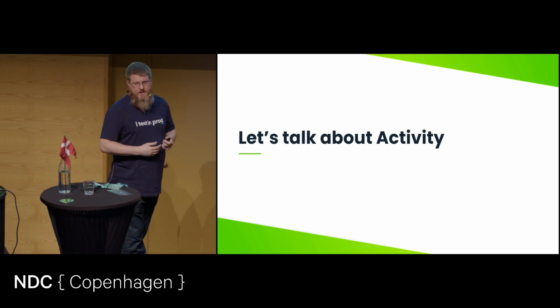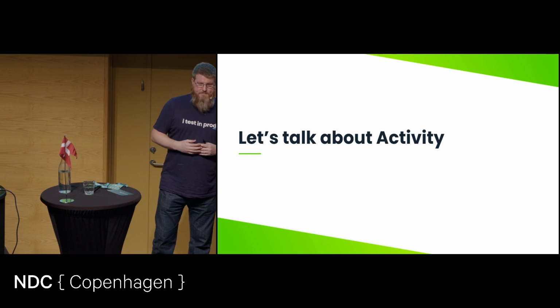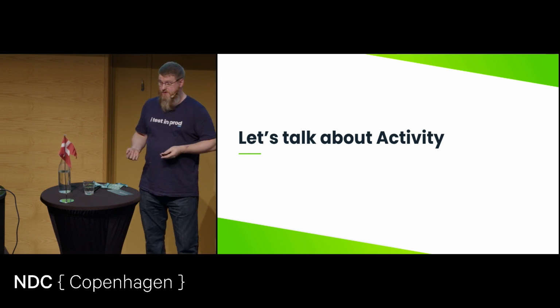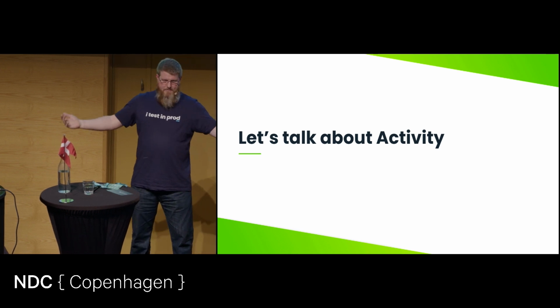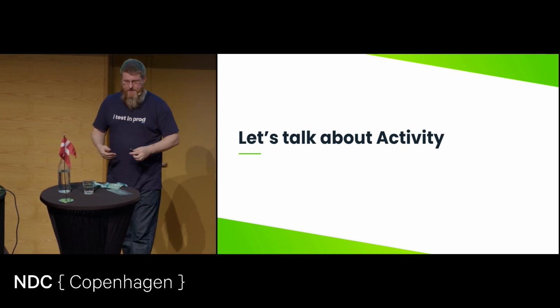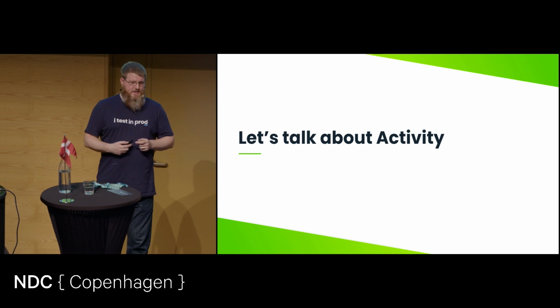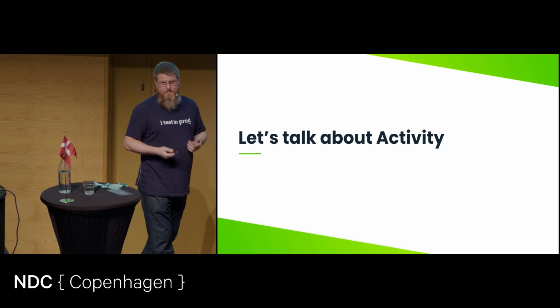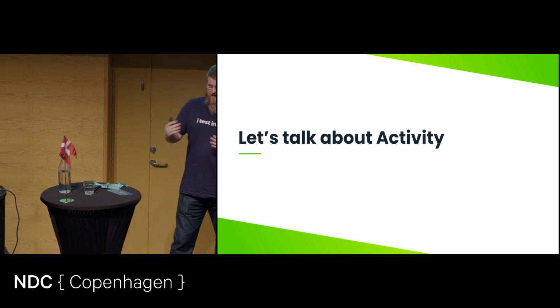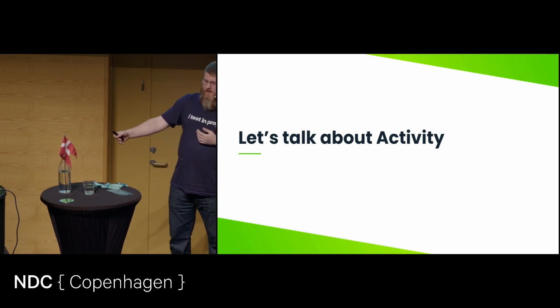My recommendation is, if you are writing libraries, if you are writing open source libraries, if you are writing shared libraries to be used inside your organization using the inner source method, I would advise that you use activity. The reason is that you're not bringing in an external dependency on OpenTelemetry, which brings a hard dependency on an external library.